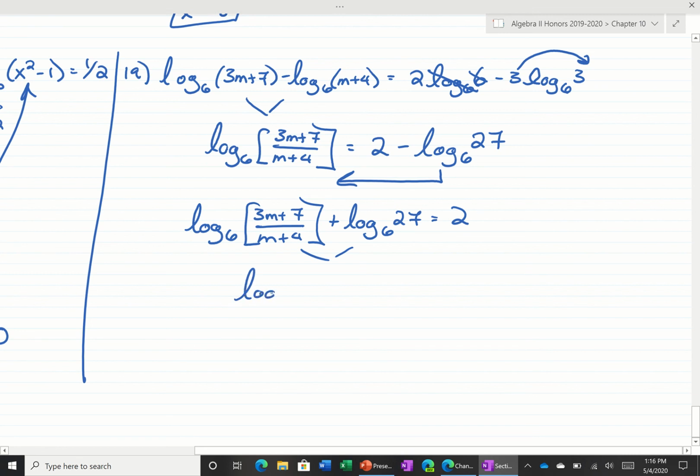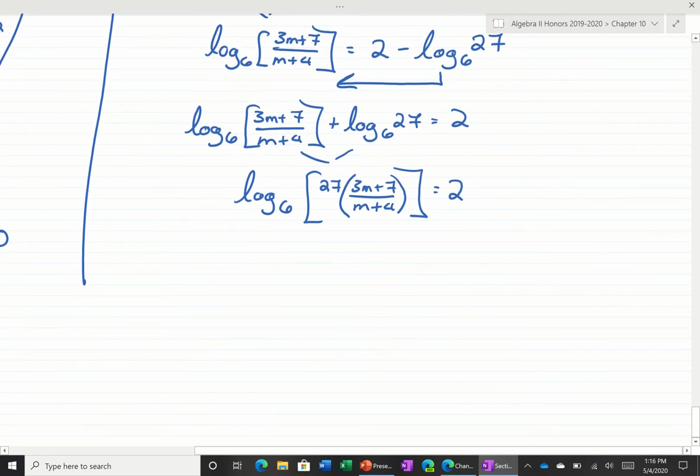So this is just going to turn into log base 6 of 27 times (3m + 7)/(m + 4), and that whole thing is going to equal 2. Let's get rid of the log by using the translation property. 6 to the second is equal to, let's see here, 27 times 3 is 81m plus 27 times 7 is 189, all over m + 4.